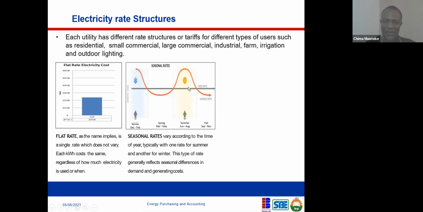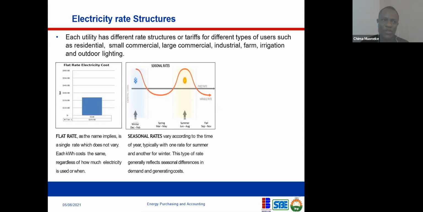So we have the seasonal rate. Now, with the seasonal rate, when you're in other countries like in Europe and America, consumption varies. During winter, because it is cold weather there, there's a lot of heating going on, so there could be a high amount of energy consumption.